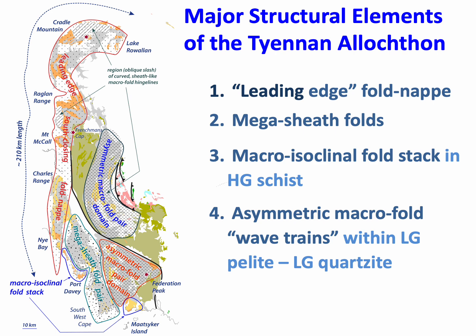They include the leading edge fold map, shown by the red envelope on the left, the mega sheath folds, shown by the green envelope in the lower middle, the isoclinal fold stack, shown by the blue envelope bottom left, and the asymmetric macro fold wave trains map right, shown by the blue envelope as Z or East Virgin asymmetric folds, and the red envelope as S or West Virgin asymmetric folds.